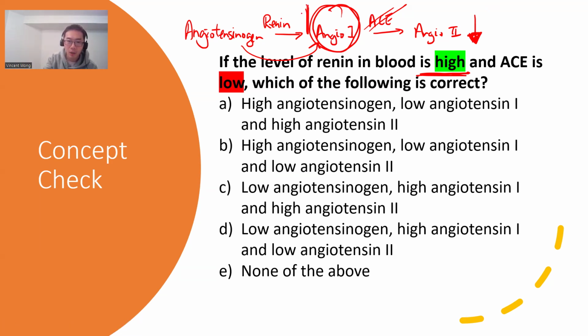We're going to have a lot of ANGI, right? Because the ANGI has nowhere to go. There's not enough ACE to convert it into number 2. Right? So you're going to have a lot of 1s. And angiotensinogen, yeah, it's going to be low, because renin is there, right? So it's basically going to convert all of them into ANGI number 1. So the answer is low, high, low. Which is which one? Which is D?